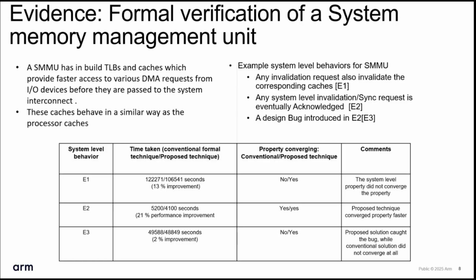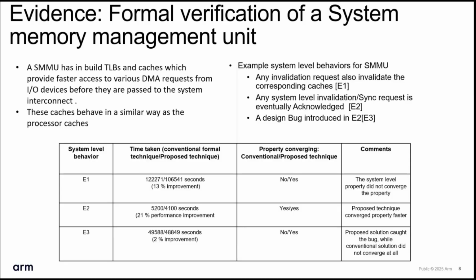Whenever there is a request coming from any IOs or any PCIe endpoints, if that translation is missed in the caches, then we have the translation unit, using which the translation of the addresses takes place and the address is generated. These caches behave in a similar way to how CPU caches work. So this design is taken as a candidate to prove the evidence that the solution works well.